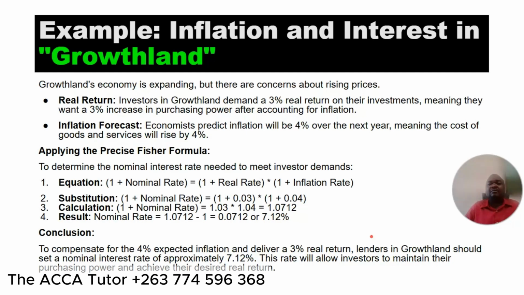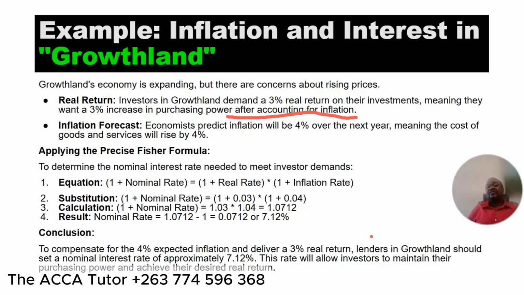All right, now, if we are saying after accounting for inflation, here we are simply saying after excluding inflation. All right, if we exclude inflation, what we are aiming to get is the real rate of return.